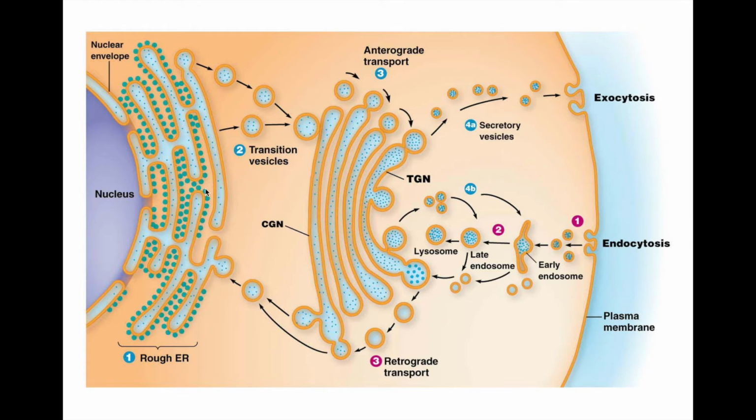And every once in a while, those proteins will escape, because this is the default pathway, and they get caught in a vesicle and they end up on the cell surface. If that happens, there are systems at the cell surface that can return them back to where they're supposed to be, and this is that retrograde transport, so it returns it back to the rough ER. Or if what you're bringing in needs to be disassembled, then you can do that in a lysosome.